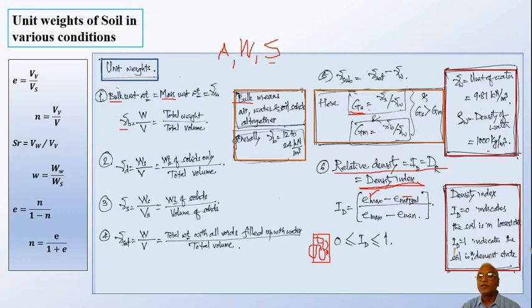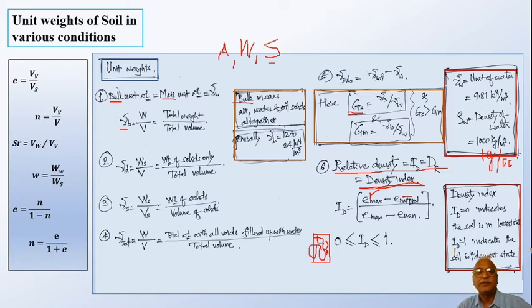In the CGS system it is 1 gram per cc. Means if you take 1 cc of water, its mass will be 1 gram. So density of water is 1 gram per cc.